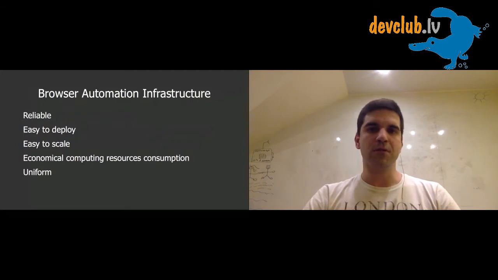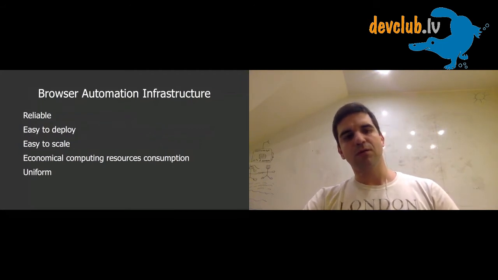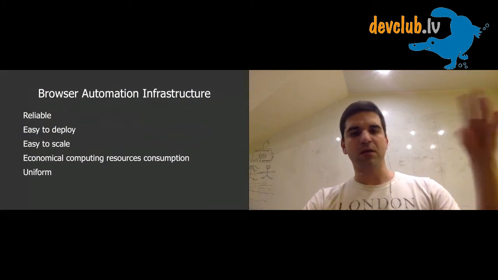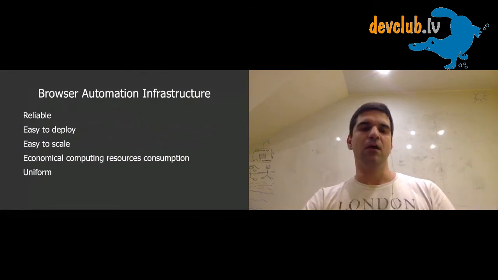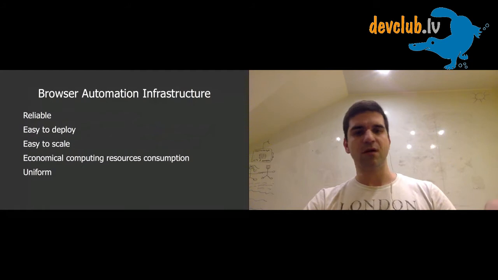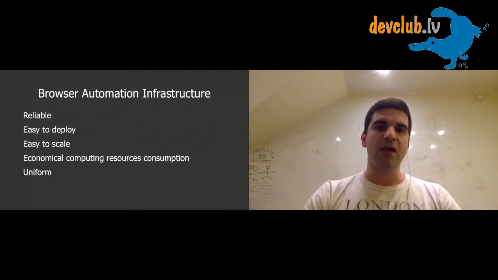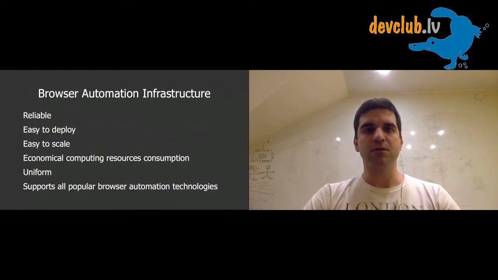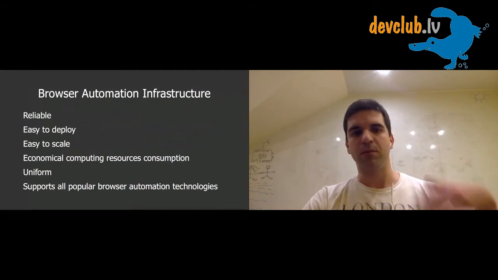This browser automation infrastructure should be uniform. That means that you should be able to run this infrastructure both in a big cluster being used by the entire browser test automation team, and also you should be able to run this infrastructure on your local machine for debugging your tests.